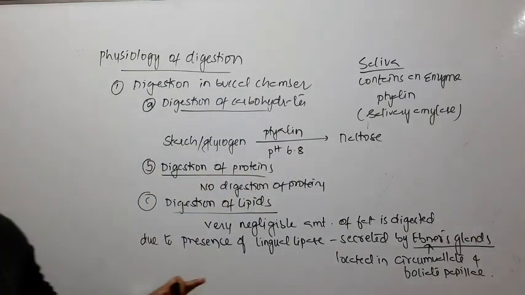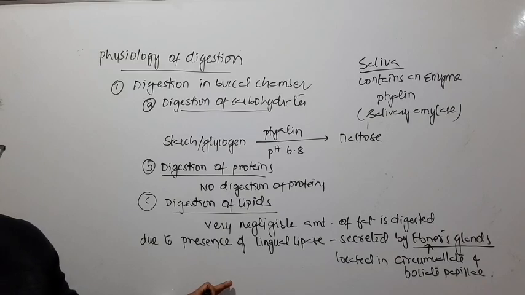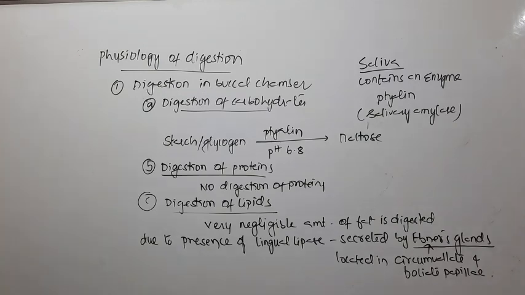This lingual lipase can digest simpler fats that are already present, and they may undergo digestion. The major portion of the digestion of fats takes place in the small intestine, and it can happen only after the emulsification process takes place.